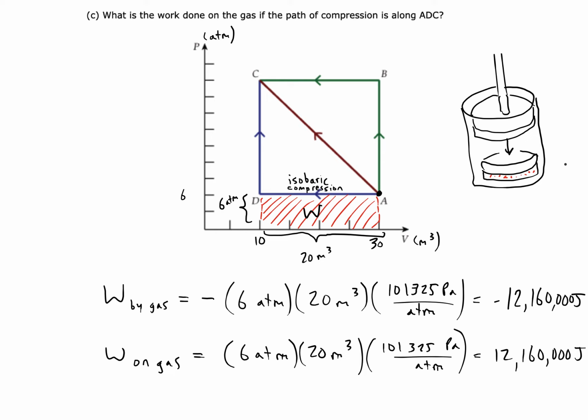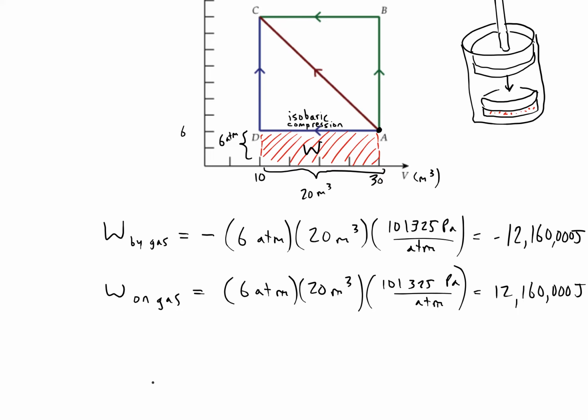All right, now there can also be heat flow into or out of the gas as well, according to the first law of thermodynamics. So the first law says change in internal energy equals Q into the gas plus the work done on the gas.